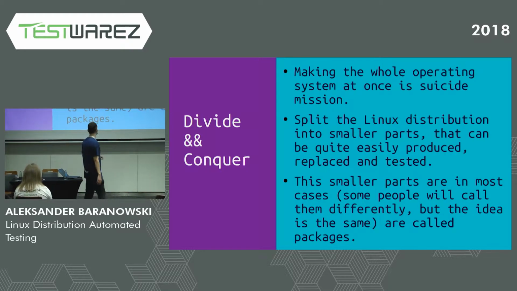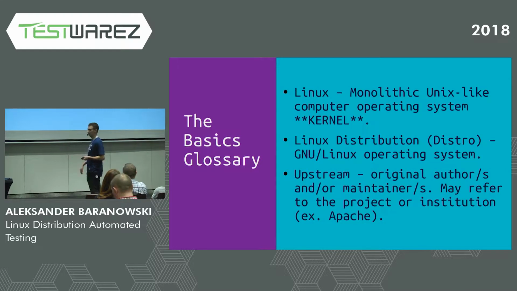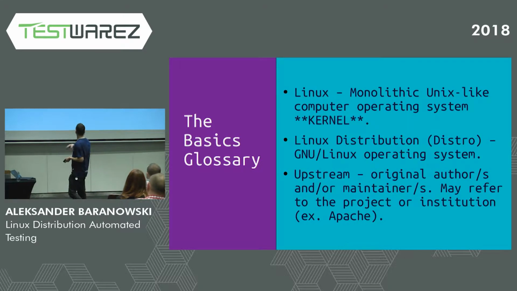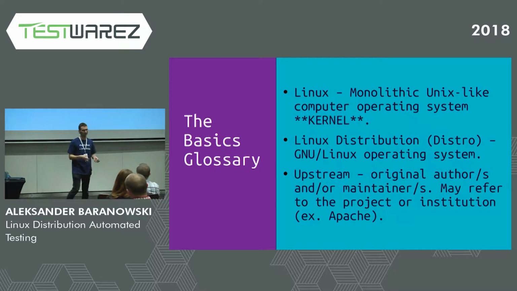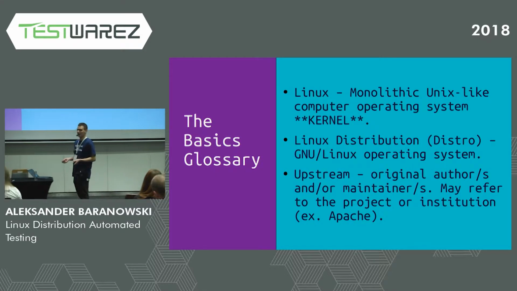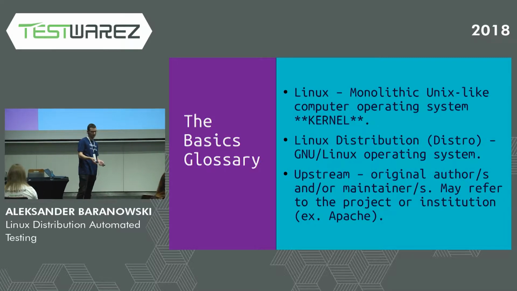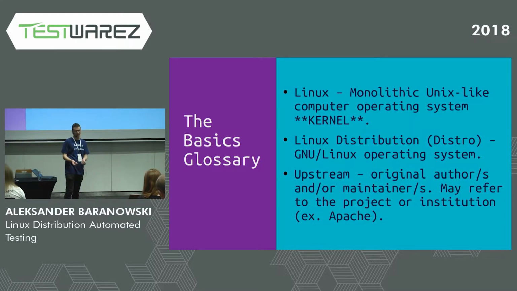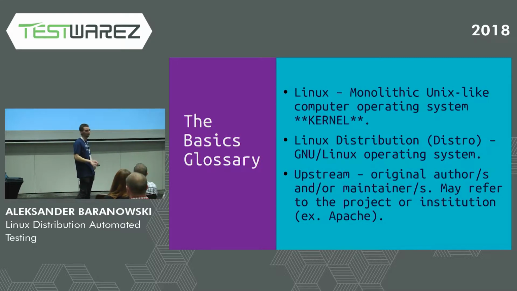But before that, we have to make a basic glossary, so each of us will know what we are talking about. So, Linux. Linux is a monolithic Unix-like computer operating system or kernel. And this is quite important because, as Linus Torvalds said, we shouldn't say Linux, we should say GNU/Linux when we are talking about the operating system, and we should say Linux when we are talking about the kernel.